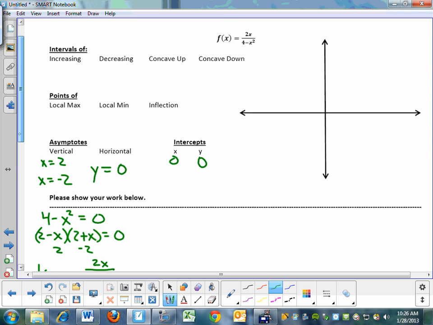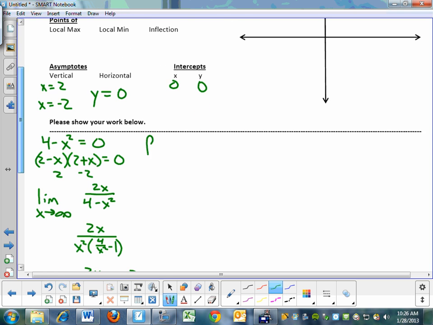Let's go about finding our derivatives. f prime of x is equal to, what is the derivative of the top? 2 times the bottom left alone, which is 4 minus x squared, minus the top left alone, 2x, times the derivative of the bottom. What's the derivative of the bottom? -2x, over the bottom squared, (4 minus x squared) quantity squared.